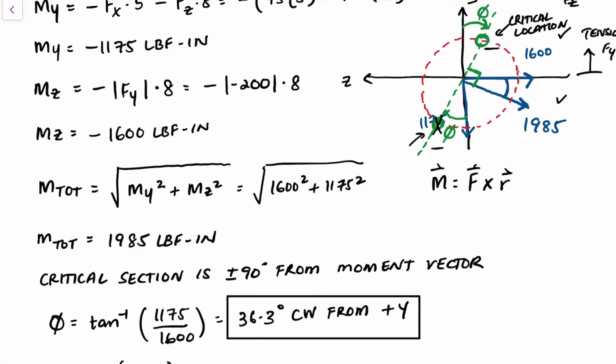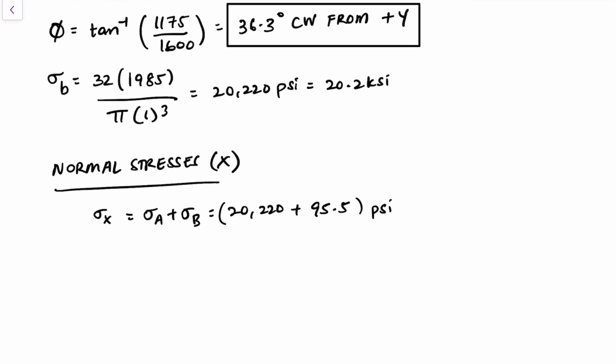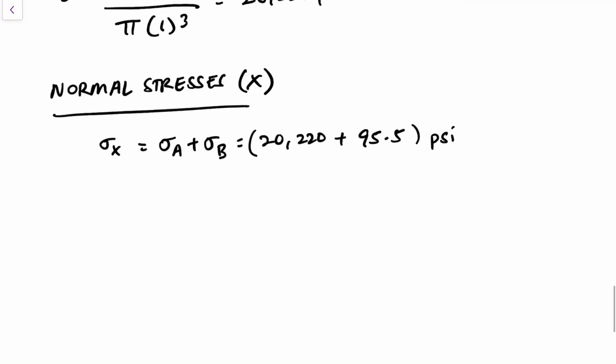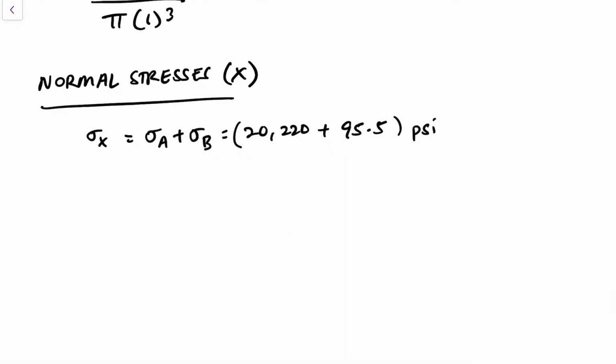And now that we know it's in tension, there's a slight chance that it's going to fail 36.3 degrees clockwise from the positive y rather than from the negative y. So that's why we carry on the value and calculate it, so there's no harm in adding it. If you find yourself running out of time, you can make a quick ballpark estimate and say, okay, I'm going to drop 95.5 because it literally doesn't affect my results. That's a fair assumption, and we'll take it.